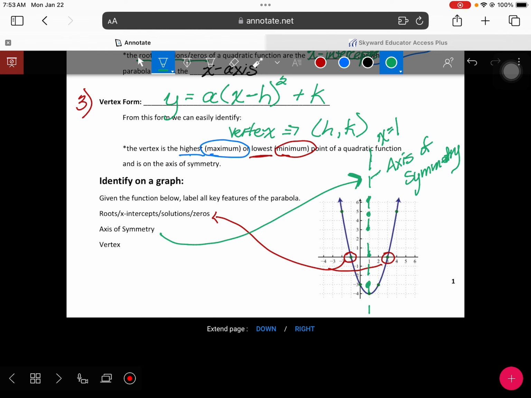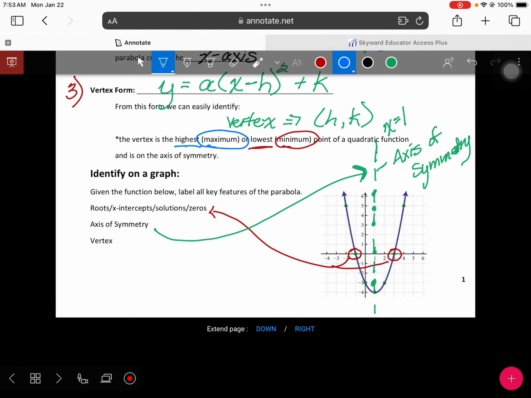And then finally, the vertex. The vertex is right here. And question, is that a maximum or a minimum for this graph? It's a minimum. See, you guys know this already. It is a minimum.